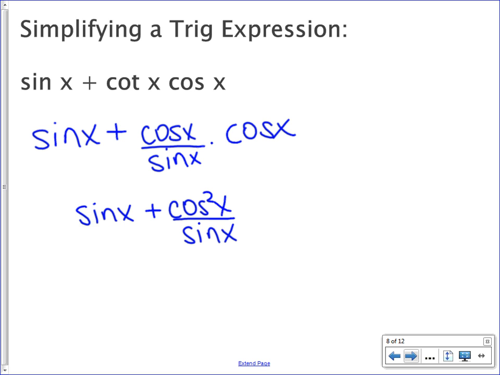The Pythagorean identity will be helpful to us. But you are saying to add these together, we want a common denominator? Okay, so what would our common denominator be? Which means we need to multiply this guy by the sine of x over the sine of x, correct?